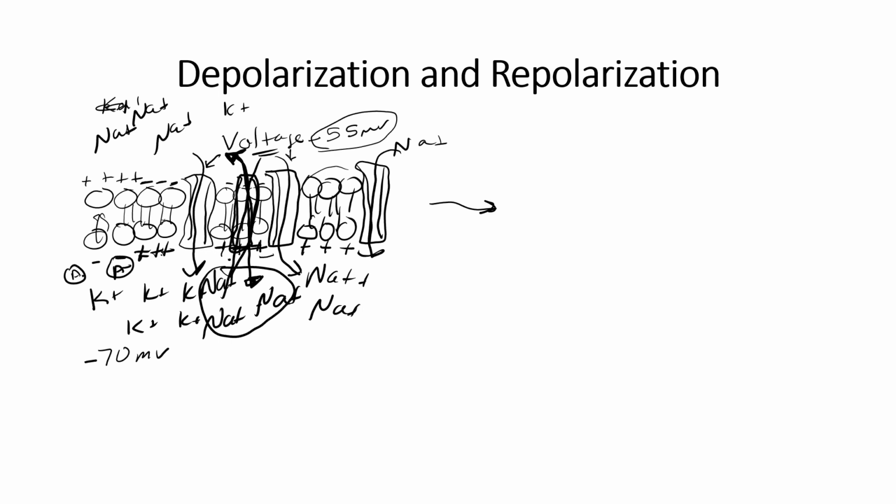Let's just worry about the sodium rushing in, causing the depolarization of a section of the membrane. And as soon as it moves down the line, this next section over here is getting depolarized. This voltage gated channel has opened, allowing sodium to rush in. So this sodium is rushing in, and it's going to depolarize down the line this way.